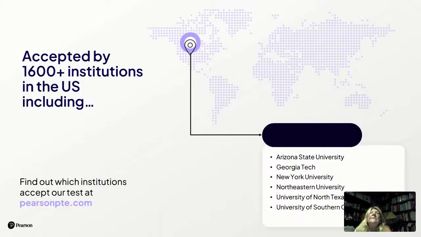As far as the US, and I'm sure many of you are hoping to come to the US, it is accepted now by over 1,600 universities. Shelley and I are constantly working to make sure that other schools recognize the test.